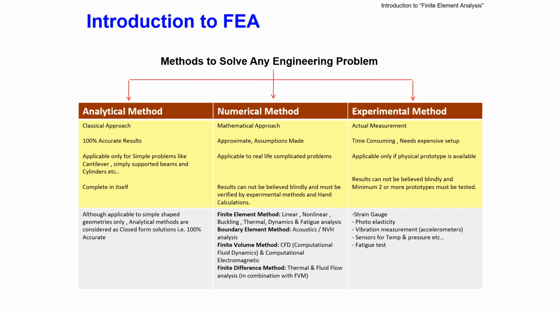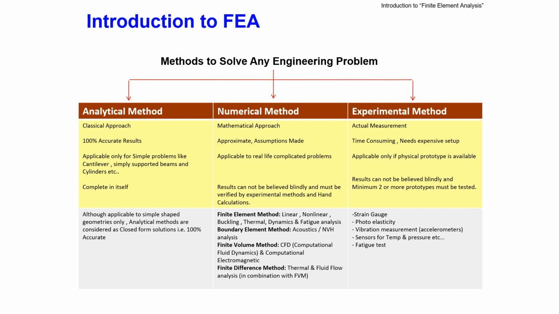We have solved a lot of problems in mechanics and mechanics of solids using analytical method. In textbooks, the method described is the analytical method. It gives a 100% accurate result. But one thing we should notice is that only simple problems like cantilevers, simply supported beams, cylinders, etc. can be solved using this method. That is the drawback of this method.